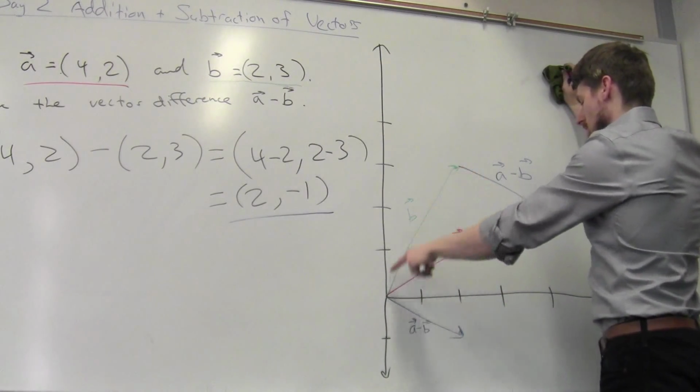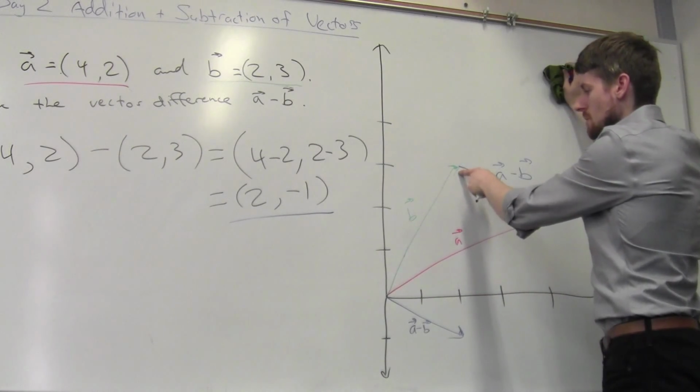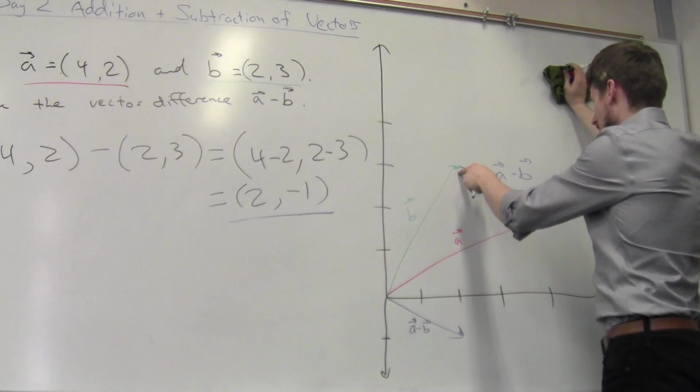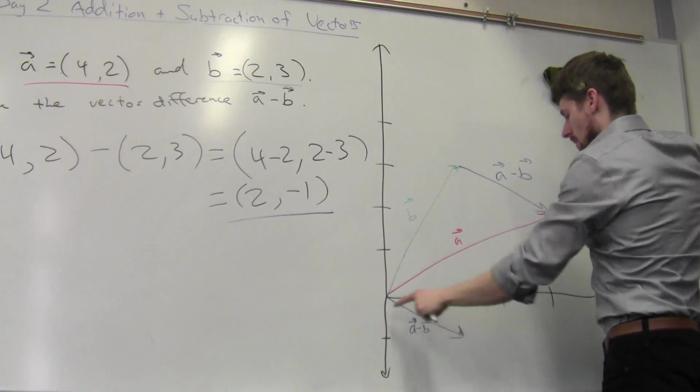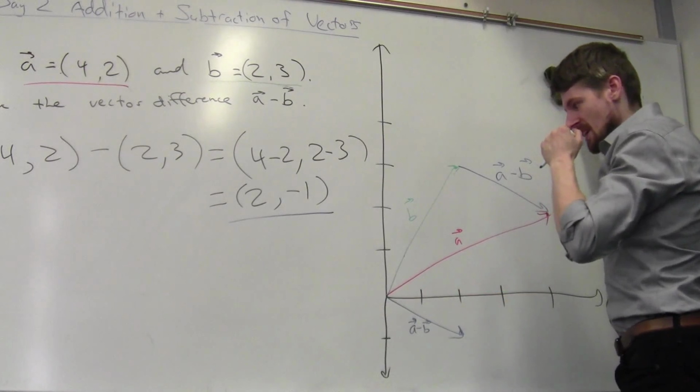Because B has coordinate 2, 3, so to get here, that's right 2 and down 1. Same exact picture.